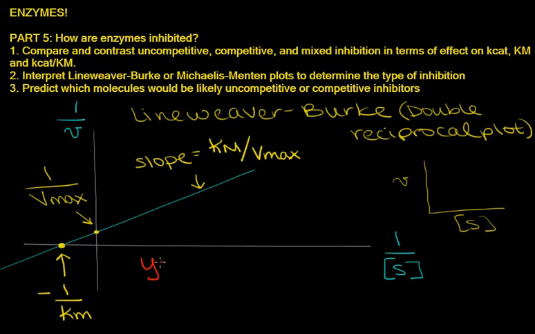Y equals mx plus b. So we know that this value is going to be 1 over the Vmax, and the value for m is the Km over the Vmax. So without even doing too much math, we know 1 over the Vmax, and we can figure out Km based on those values.